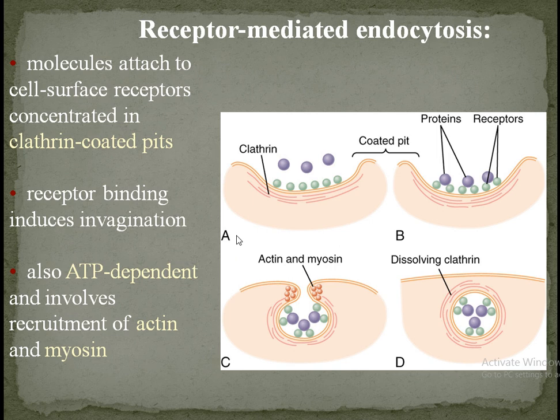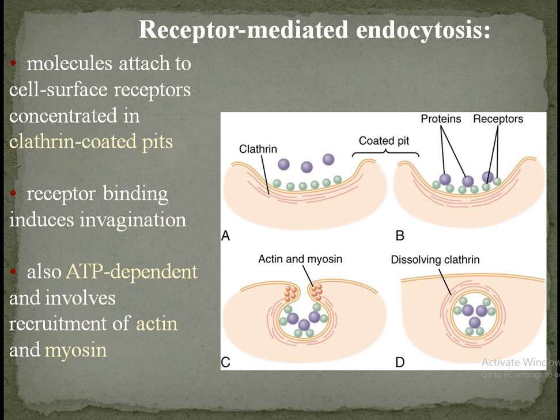Molecules attached to the cell surface receptors are concentrated in the clathrin coated pits. Clathrin is a very specific protein. You can see this one around the pit on which we have the different receptors.